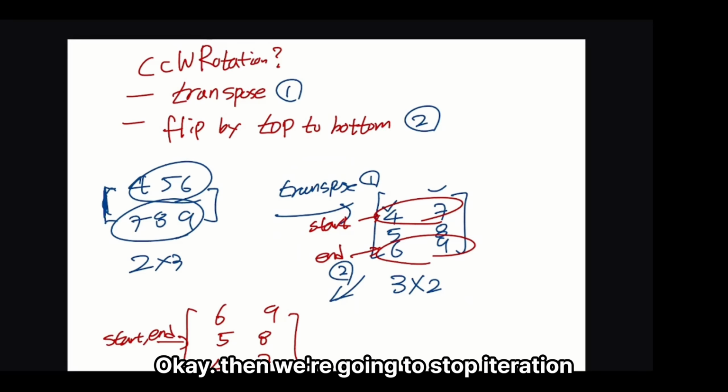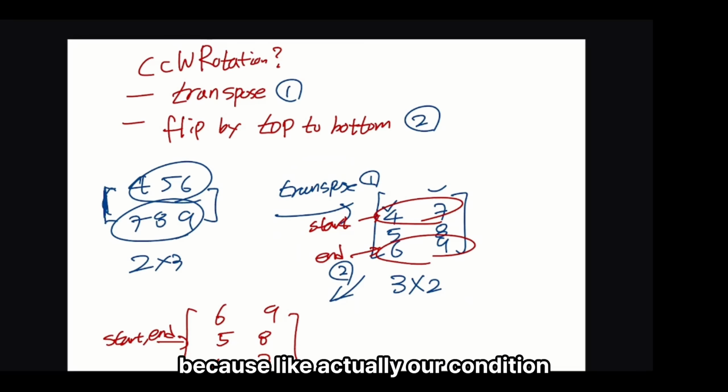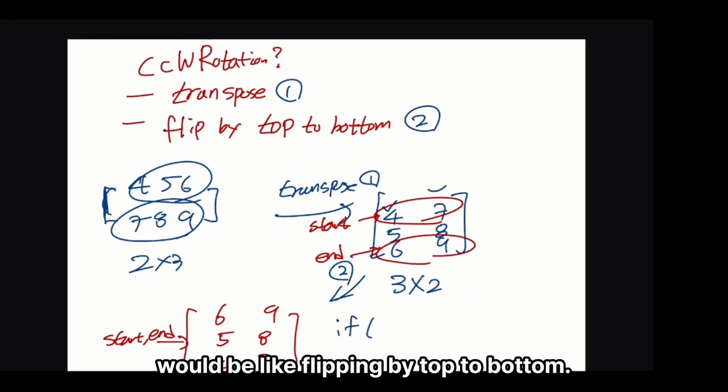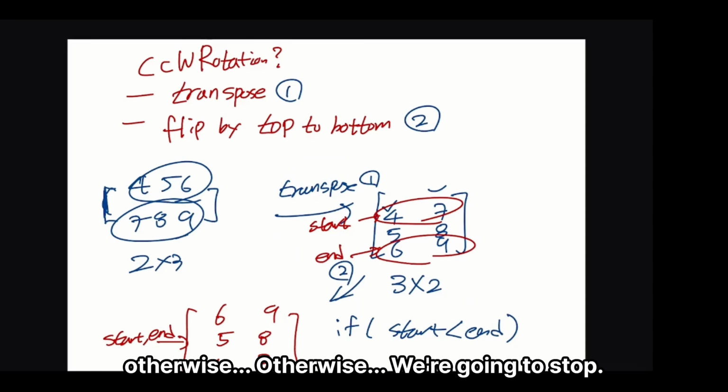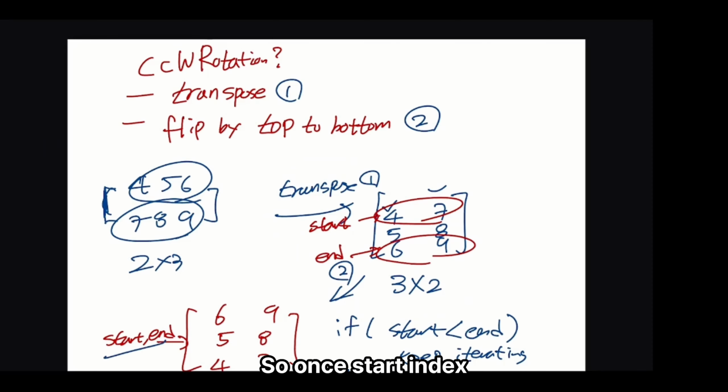Then we're going to stop iterating because our condition is flipping from top to bottom. So if start is less than end, we keep going. Otherwise we stop. Once the start index and end index become the same, or the start index is greater than the end, we want to stop.